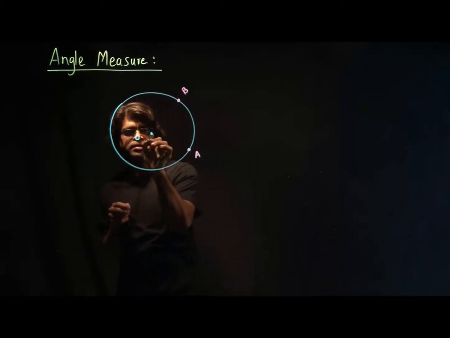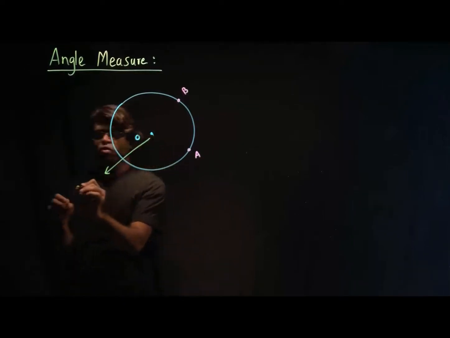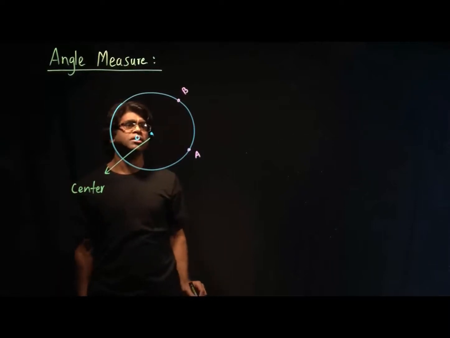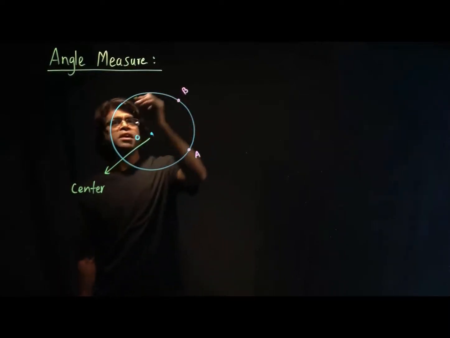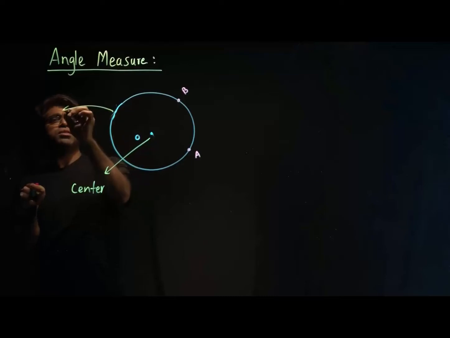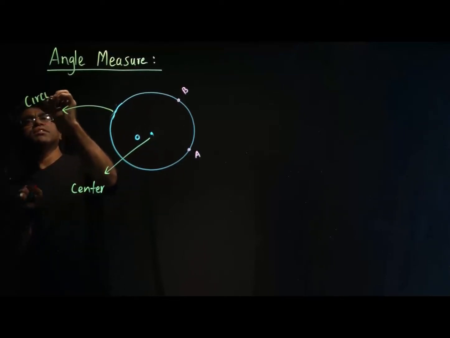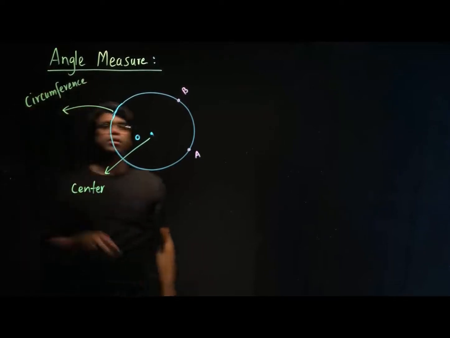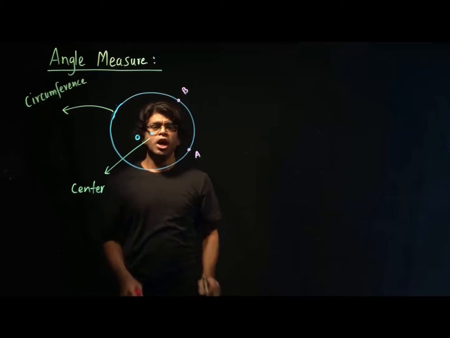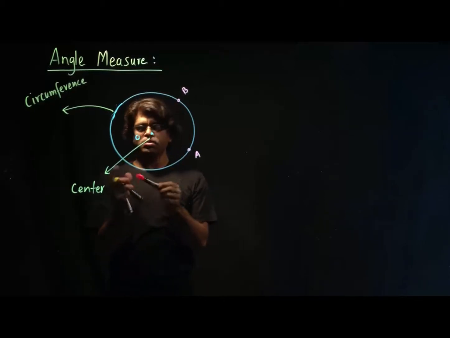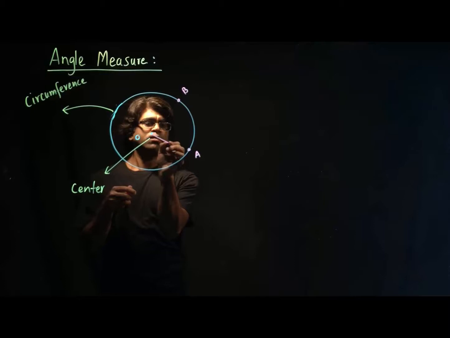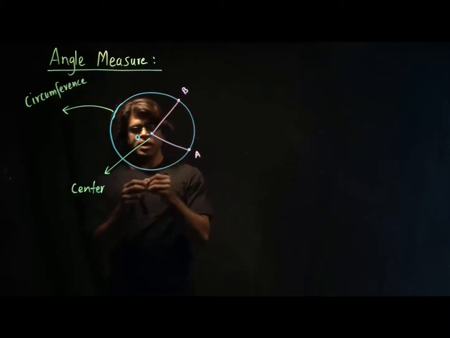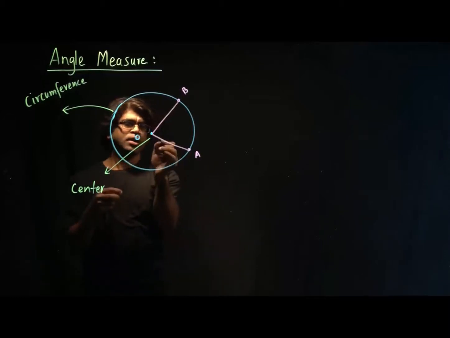So this is my center O of the circle, and I have 2 points A and B. And this outer part of the circle is called circumference. Alright?